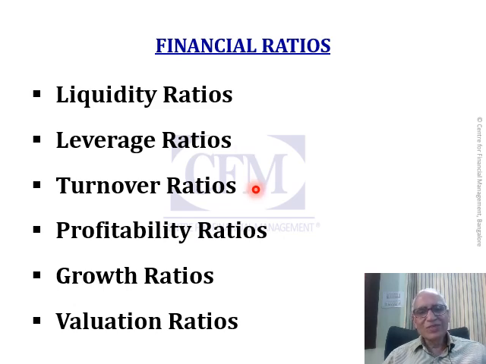Turnover ratios indicate the efficiency with which various assets of the firm are utilized. Profitability ratios reflect profit margins and rates of return. Growth ratios measure the growth performance of the firm in terms of revenues, profits, and other indicators. Valuation ratios indicate how the capital market views the firm.